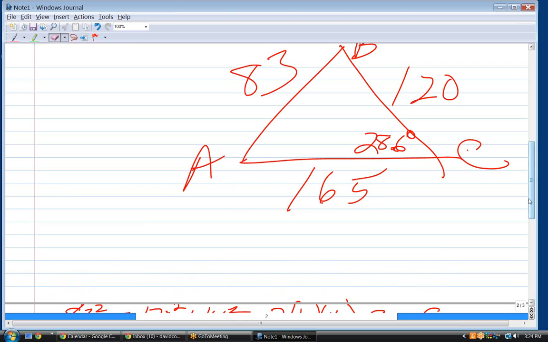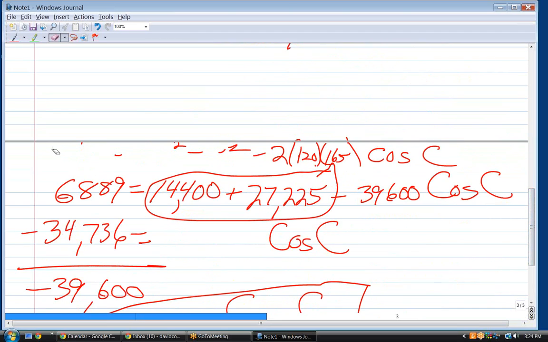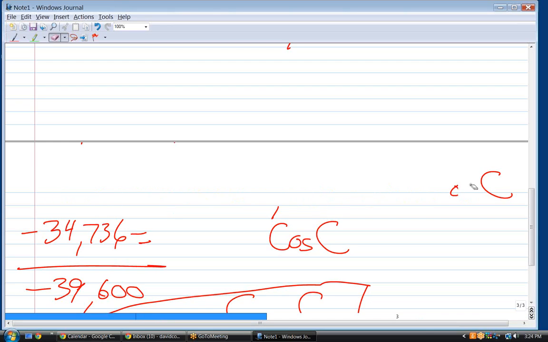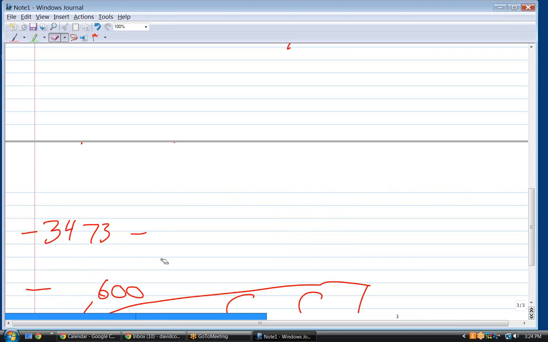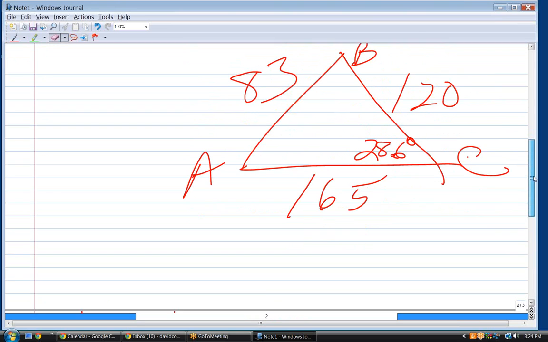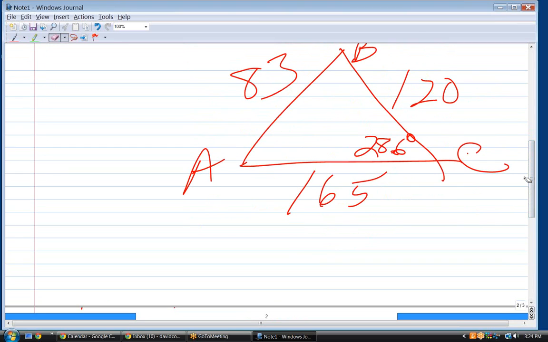And that's what you have to do. In other words, wherever you use the law of cosines, you always end up using the law of sines to finish the problem. So you use the law of sines on virtually every situation, but only certain situations do you have to start out with the law of cosines.